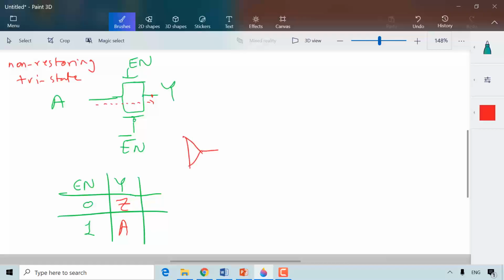This is A, Y, and here is the control. Sometimes we add another line at the bottom, but this is the tri-state symbol. There is no bubble here, by the way.